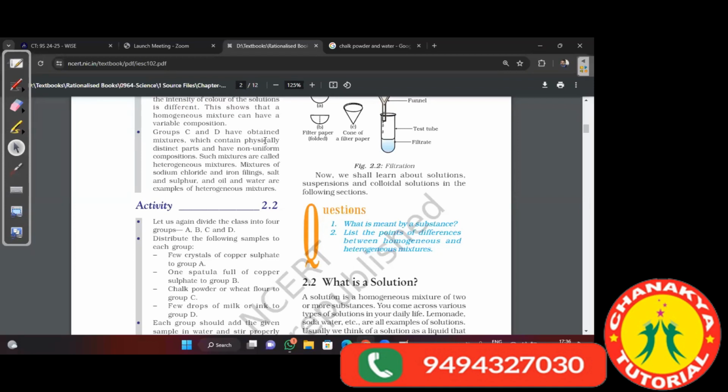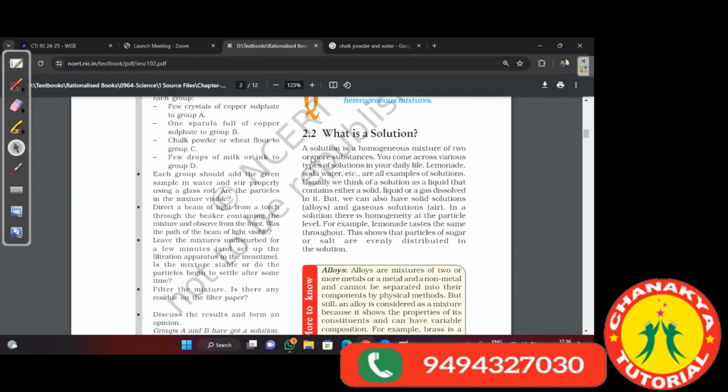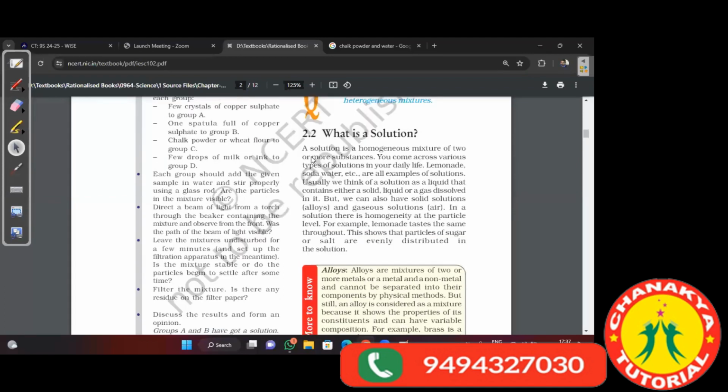The next word is a solution. Next we define what a solution is. A solution is a homogeneous mixture of two or more substances.